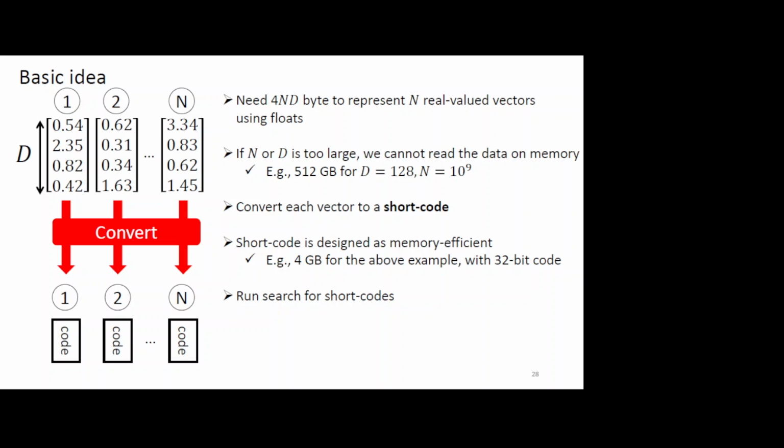Then you only need 4 gigabytes to store the 1 billion data points. 4 gigabytes is much smaller, right? I think your common computers can handle it. And when you perform a search, you compute the similarity between the code and the query, not with your raw data.